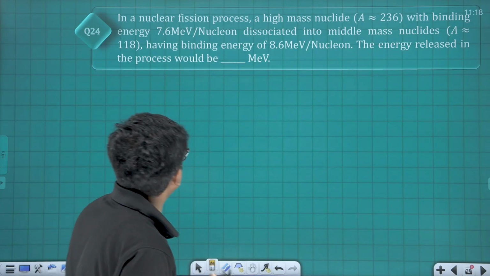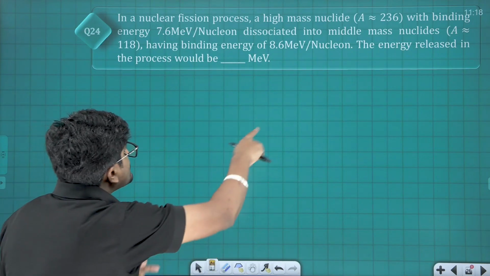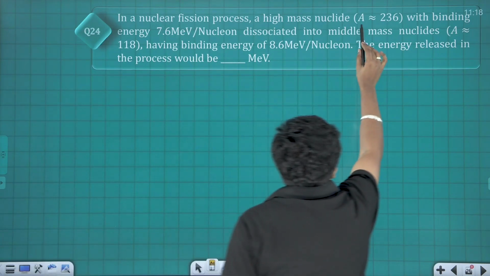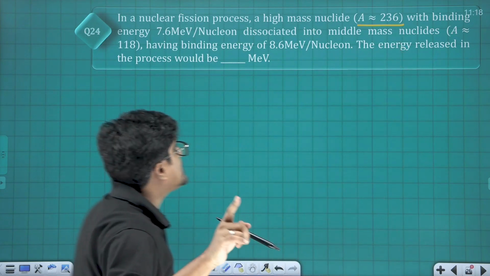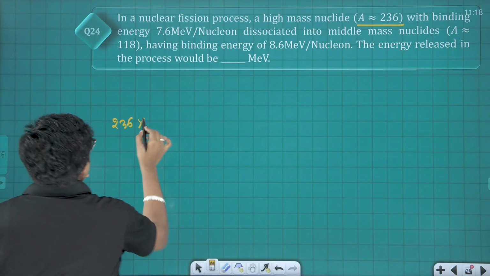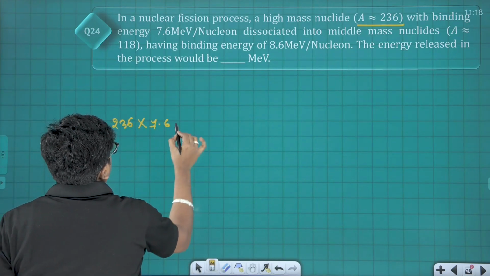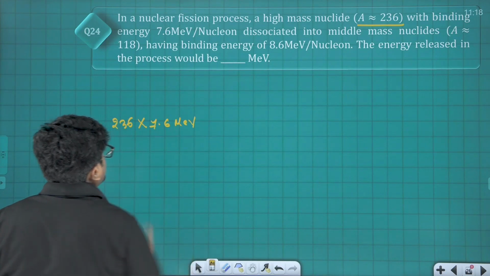Now the question is, the energy released is? Have a look. Initially the mass number is 236, so 236 into binding energy per nucleon, 7.6 mega electron volt.